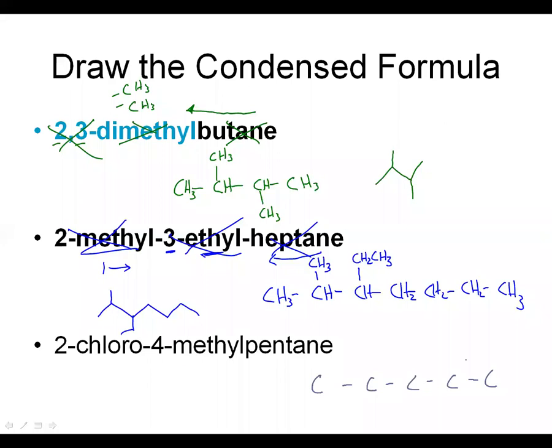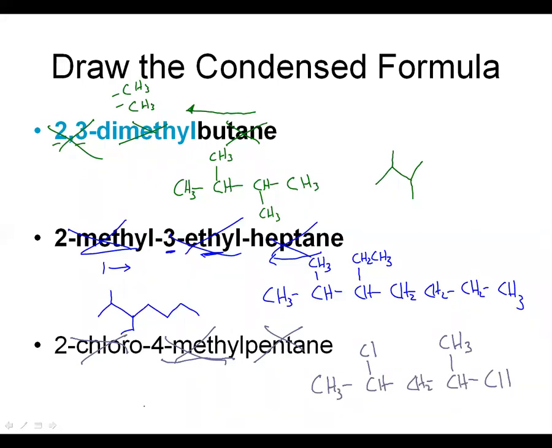So 1, 2, 3, 4 will give me a methyl. And then at carbon number 2, I'll have a chloro. So remember, chloro is how we name chlorine, right? So that is number 2. And that means that we're going to need 3 hydrogens there. This guy will only need 1 hydrogen. He'll need 2 hydrogens, 1 hydrogen, and 3 hydrogens at the end.